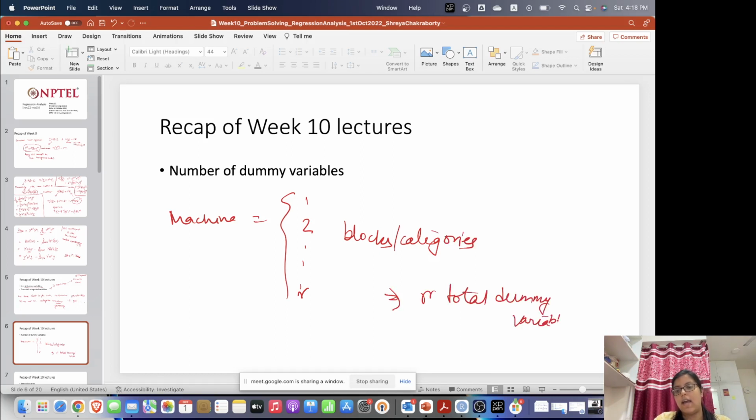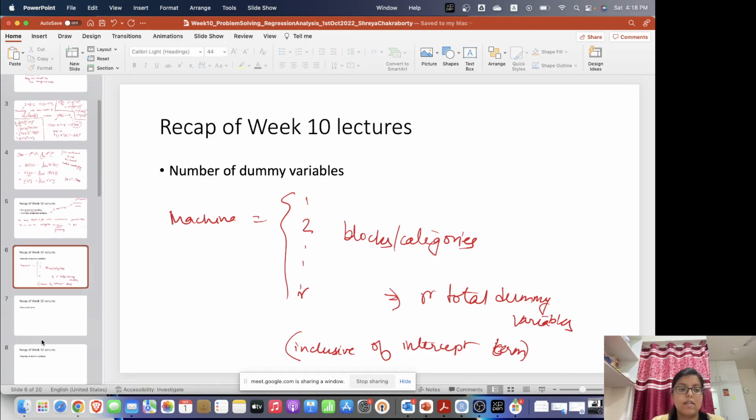Okay, and we had noted, and we'll also note in the problems tomorrow, that this would be inclusive of the intercept term. So if you follow the lectures, this will be clear, but if not, then while doing sums I'll explain what I mean by this.